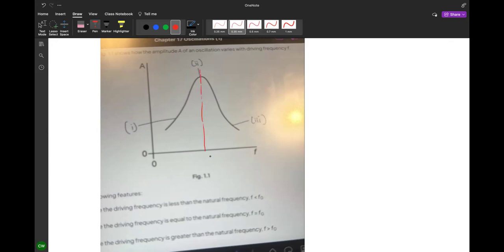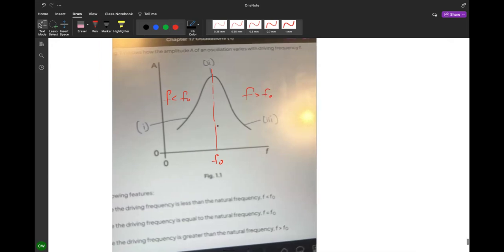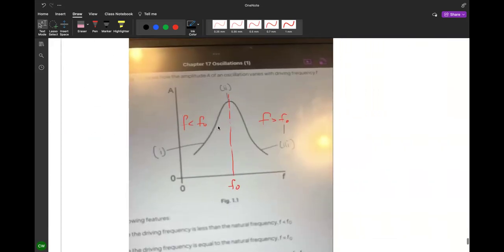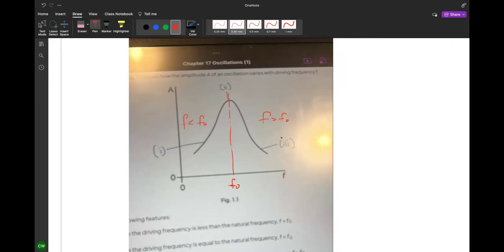This is the natural frequency, only one line. So before is here, before F naught. After will be here. Label the force region. So you have to do like that. Equal sign is here, before is here, after is here.